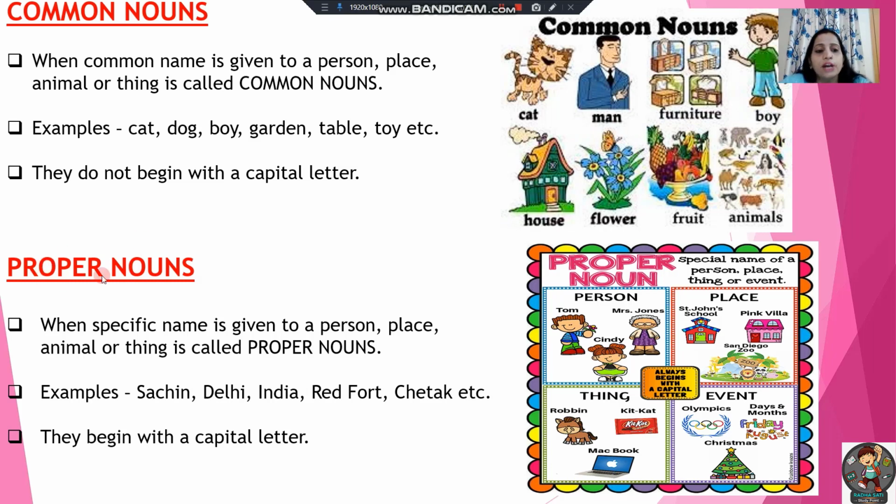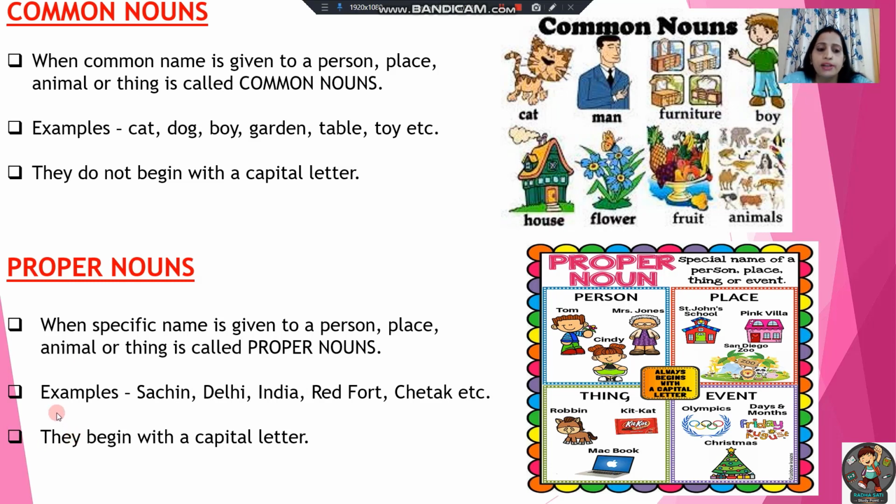And here when it comes to proper nouns, when a specific name or a special name is given to a person, place, animal or thing, it is called a proper noun. Okay? जब हम noun को कोई special name दे देते हैं, कोई specific name देते हैं, when we talk about a particular person, place, animal or thing, that is known as a proper noun.